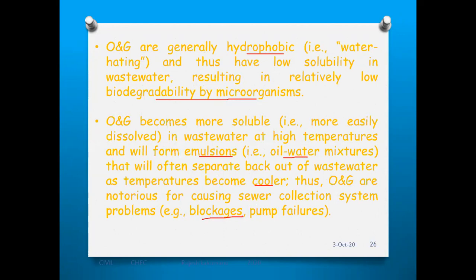Whenever we increase the temperature of the wastewater, oil and grease automatically gets emulsified. So after emulsifying, is it an advantage? No, it is not an advantage, because these notorious things will cause blocking of the sewer pipes. That means blockages occur and pump failure happens. So these are the disadvantages of O and G.